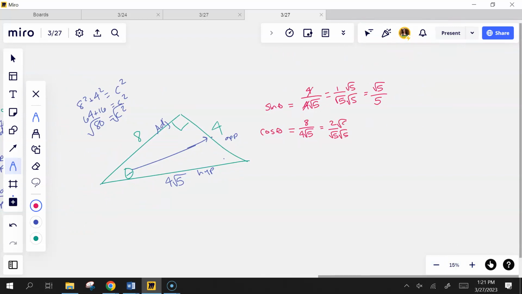Square root of 5, square root of 5. It's pretty straightforward. All right. Tangent theta.